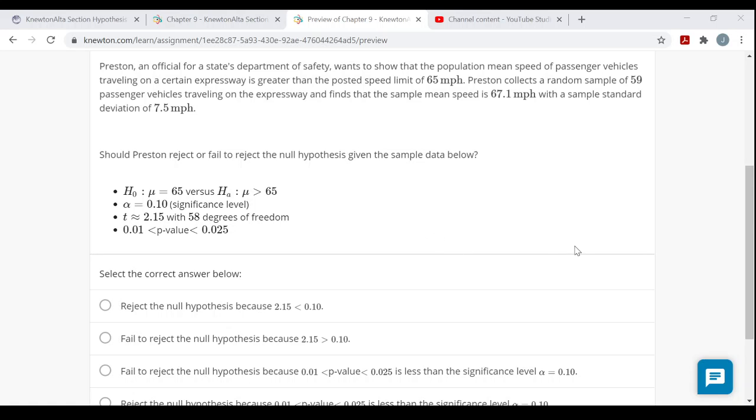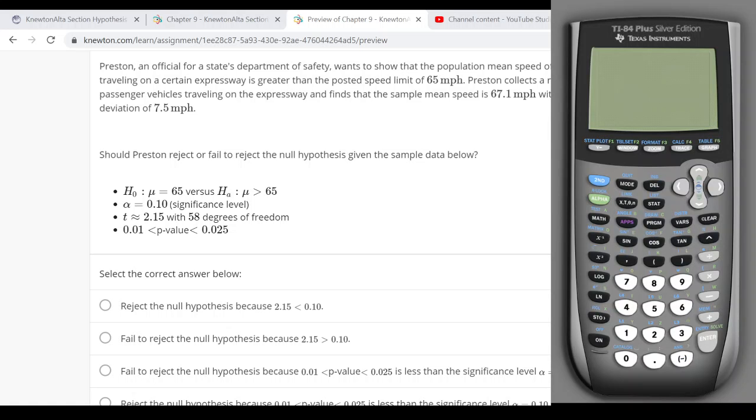Let me show you real quickly on the calculator how this would be found. Remember, you take your sample mean, which in this case was 67.1. For this sample of 59 vehicles, their average speed was 67.1 miles per hour. You subtract the population mean, the mean of the means, which is assumed to be 65 here. That's in parentheses in the numerator.